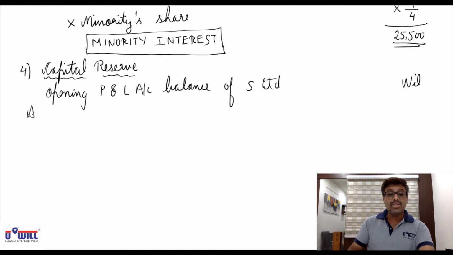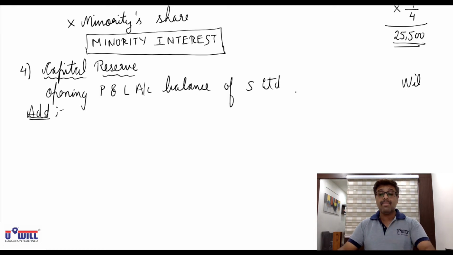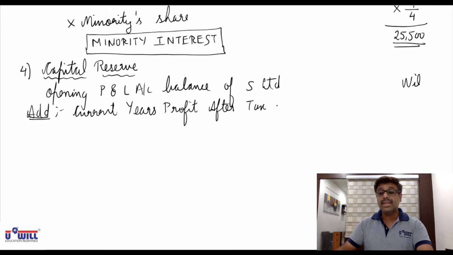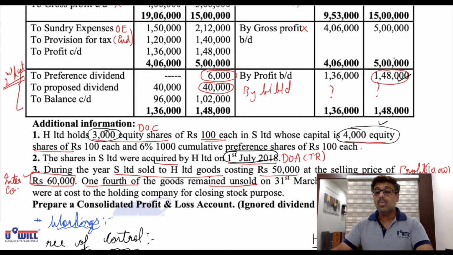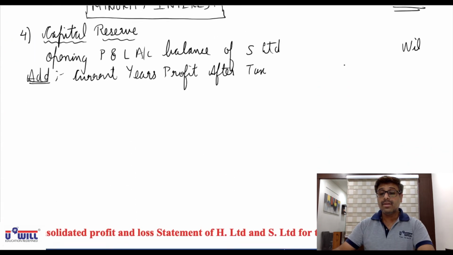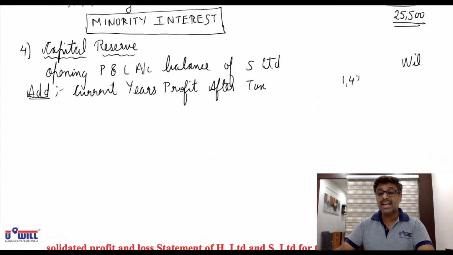In that we add, now this we do in inner column. Opening is always pre-acquisition profit, so opening balance we write because it is always a capital profit in nature, but here it is nil. Now we add current year's profit after tax, that is 1,48,000 of subsidiary company.